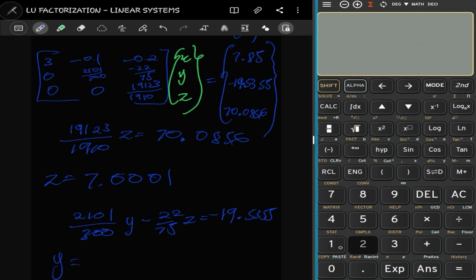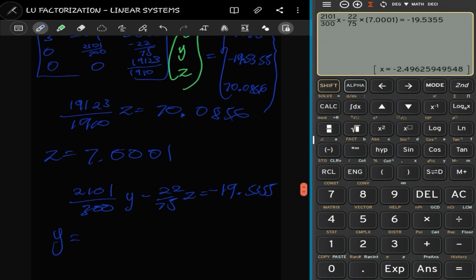So 2101 on 300 y, minus 22 on 75 our z, which is 7.0001, all being equal to minus 19.5355, right?